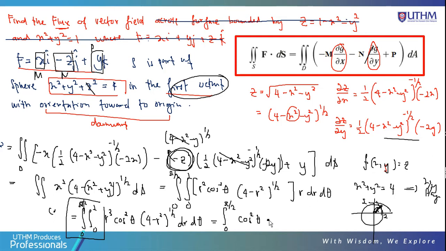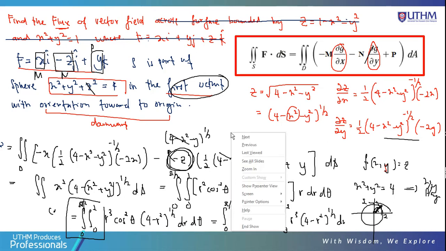So you multiply with 0 to 2, r to the power 3, 4 minus r to the power 2, 1/2 dr. So you can split it. Okay, how to solve this one, I think all of you can, you have repeated it many times to solve the integral.